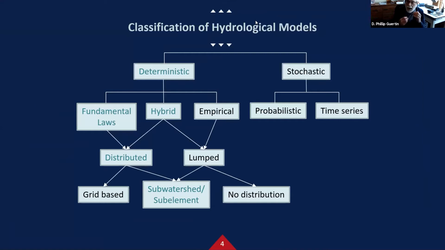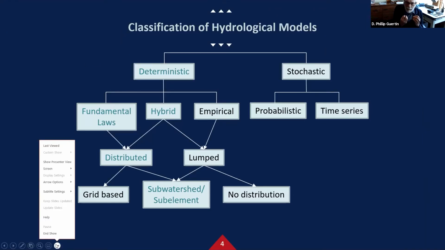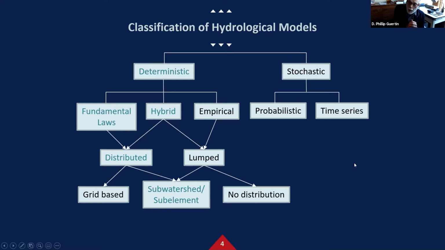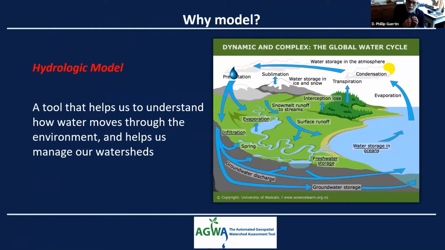And we can then predict what is happening within the watershed itself. What is the response hydrologically? What is the response from an erosion point of view or water quality point of view? I use it for water quality work as well.